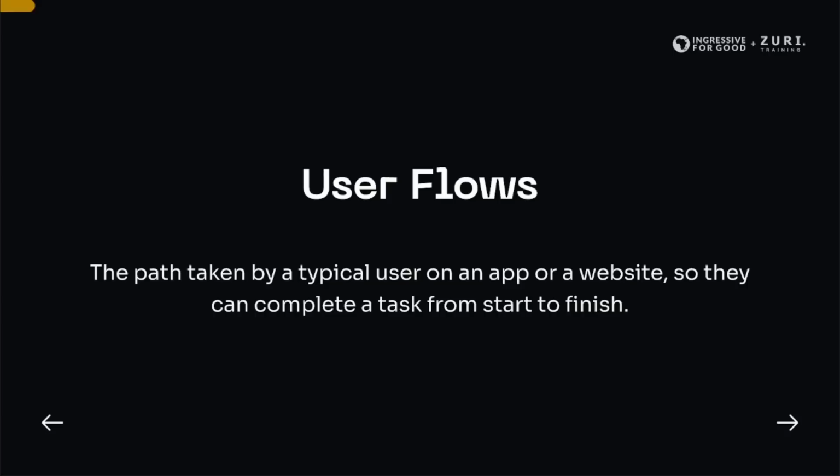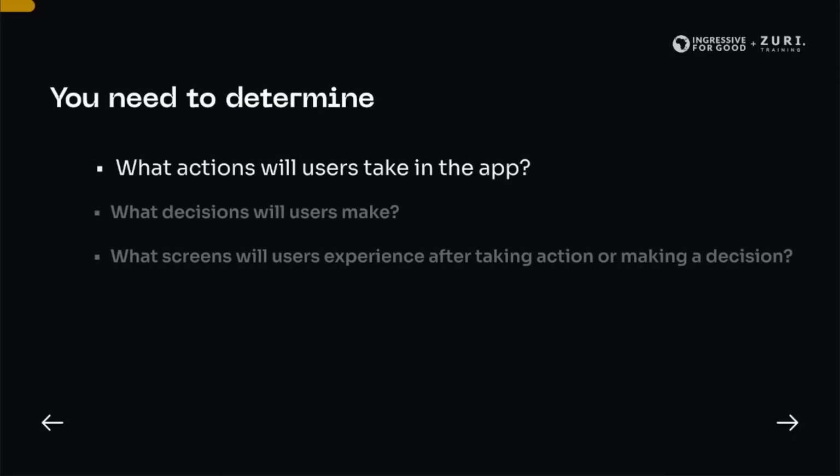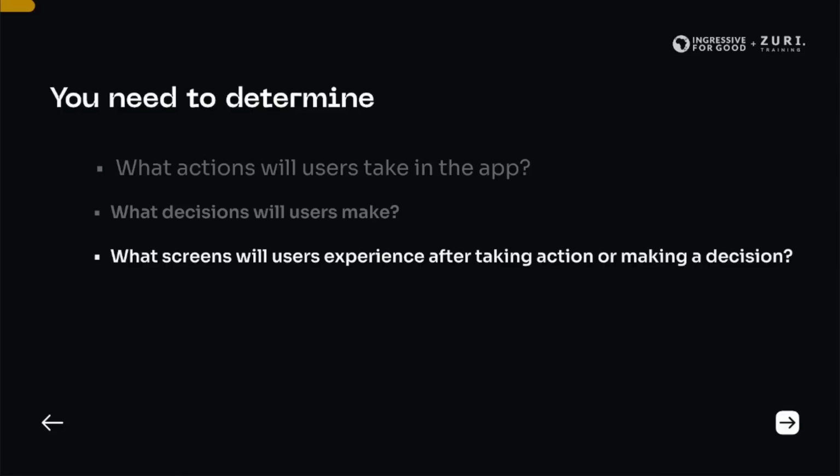In other words, before you design screens of an app, you need to understand how users can effectively move through the app overall. You need to determine what actions the user will take in the app, what decisions users will make, what screens users will experience after taking action and making a decision.